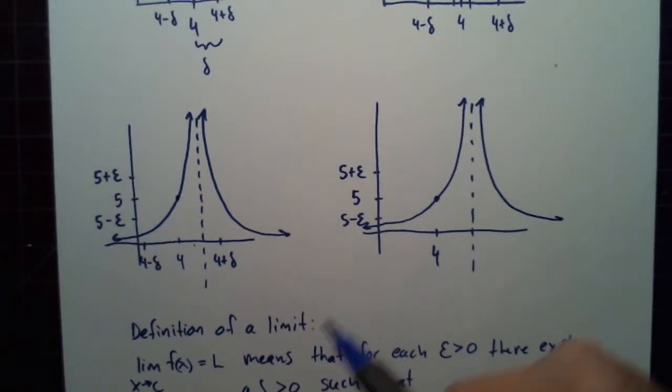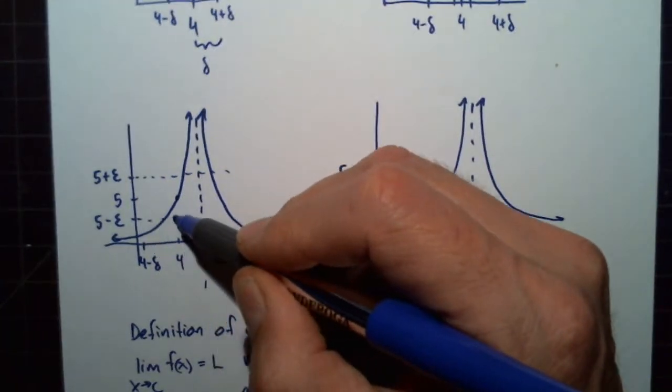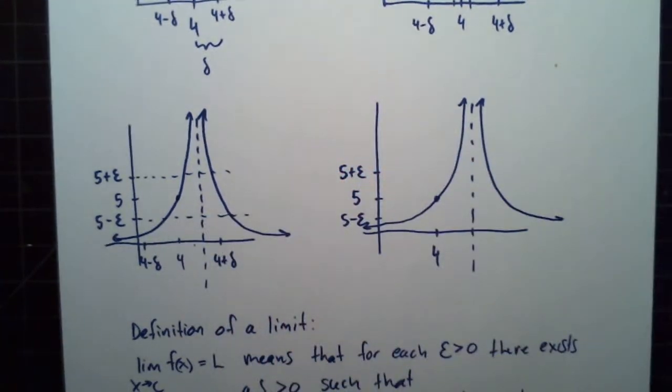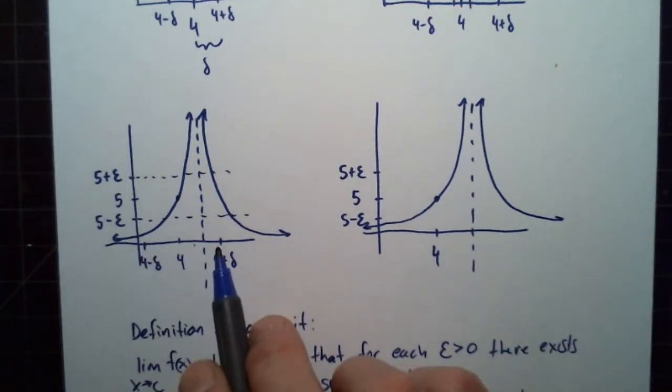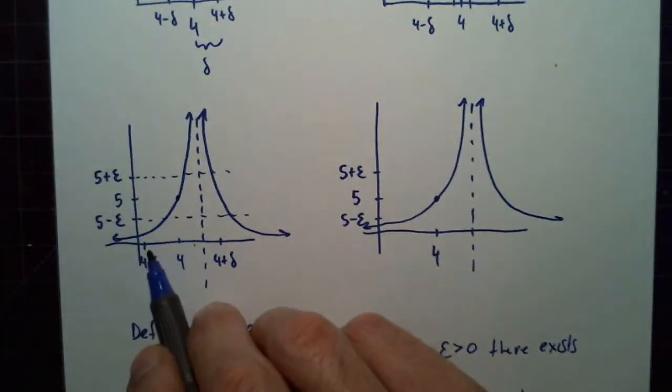And we could just draw the dotted lines for the epsilon, and we want to look for is there an x value between these 2 points that has a y value beyond this interval? And we'd say yes.